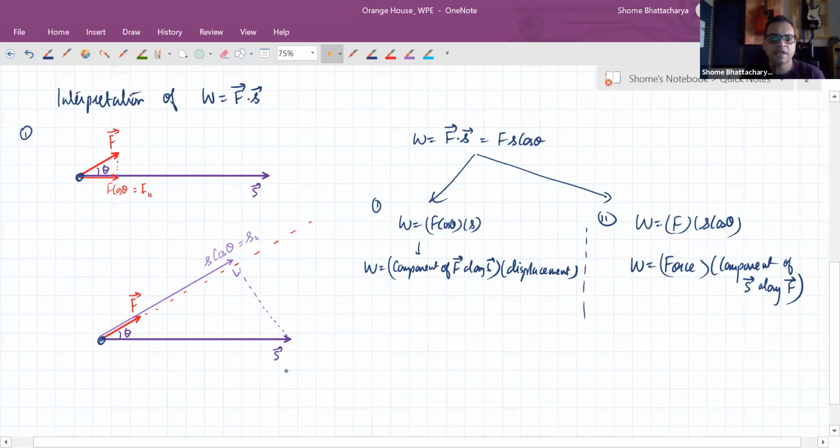And same way, when we are calculating work done by a given force from a diagram kind of situation, there are two ways in which we can do the calculation geometrically. We can either drop the perpendicular from force onto displacement, so that will give us the component of force along displacement and multiply that with the displacement, or we can do the reverse, drop the component of displacement along force and multiply force with that parallel component of displacement. So just make a note of this.